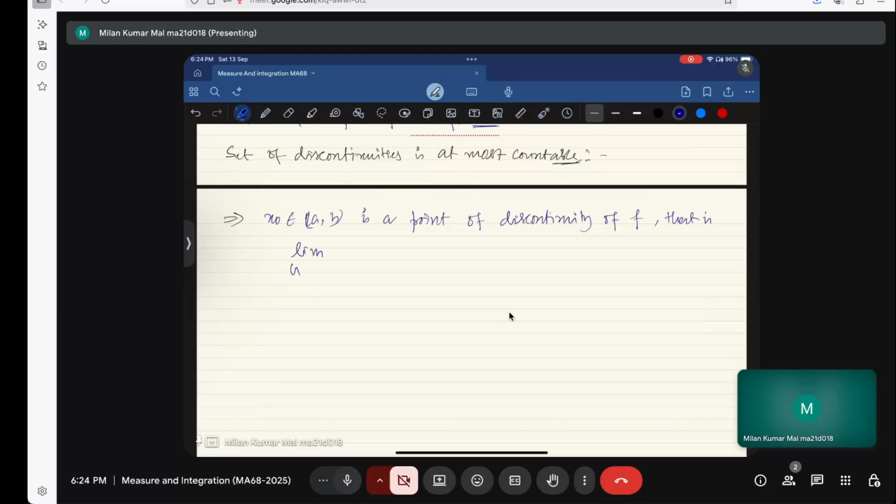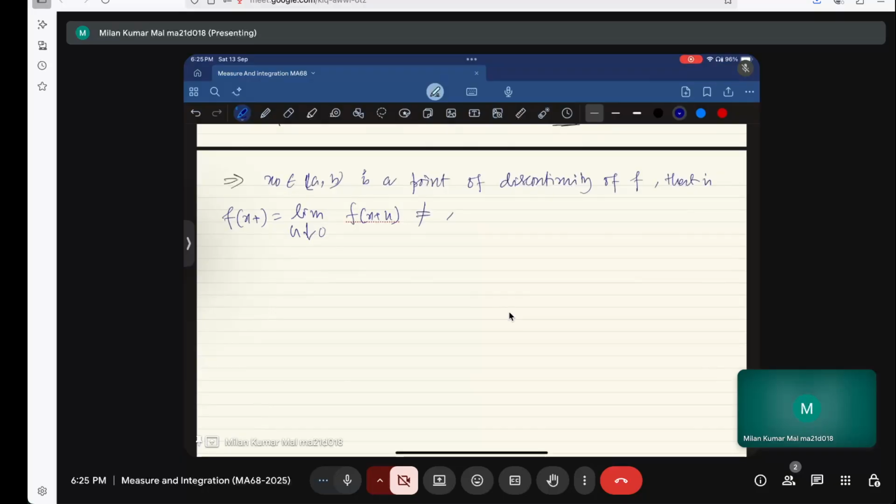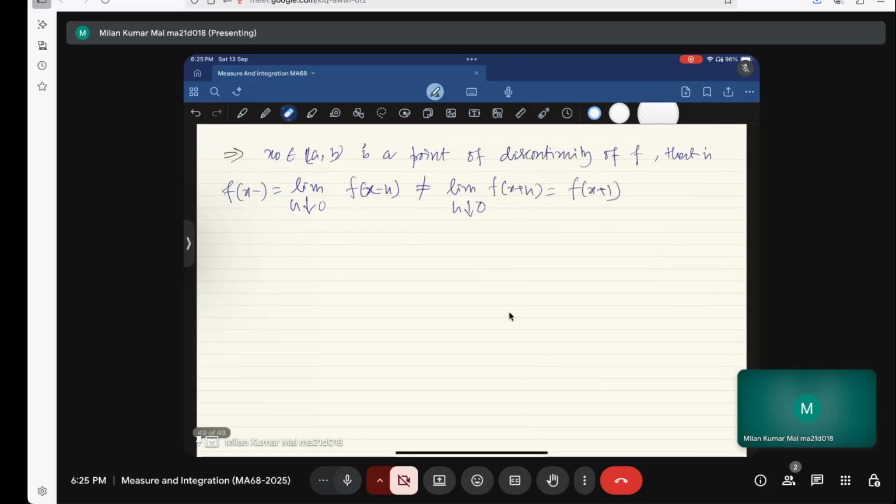the limit as h tends to 0 of f of x plus h, which is f of x plus, is not equal to the limit of f of x minus h, which is f of x minus.